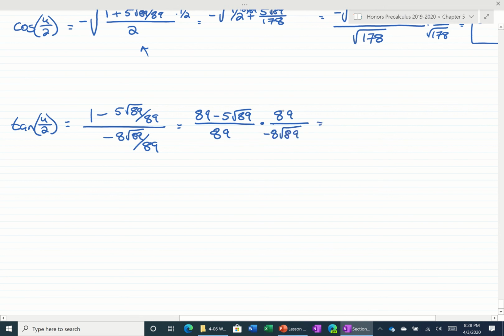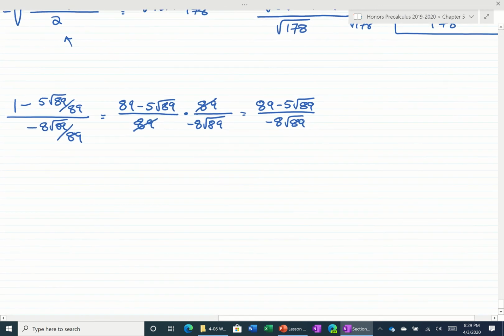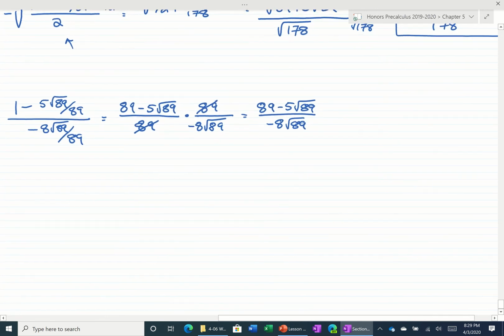These would cancel, and I would get 89 minus 5 root 89 over negative 8 root 89, and let's see here, we can multiply top and bottom by the square root of 89. This would be 89 root 89 minus 5 times 89, all divided by negative 8 times 89.